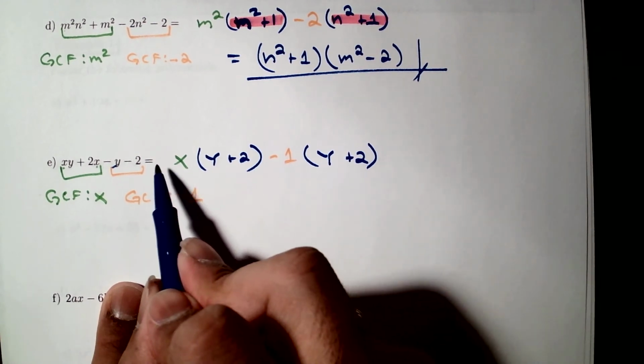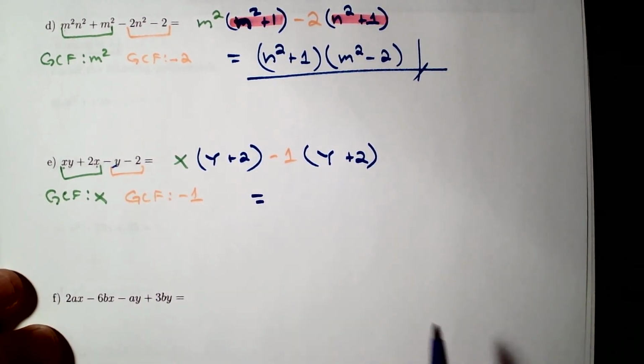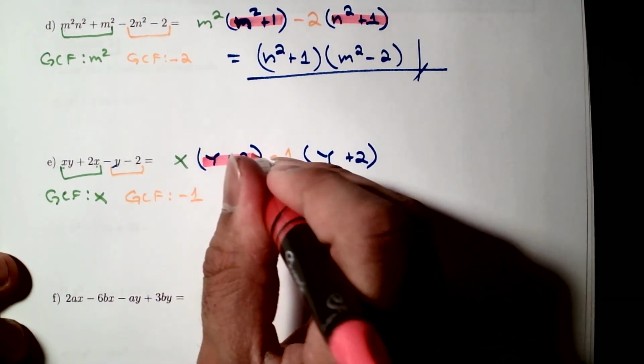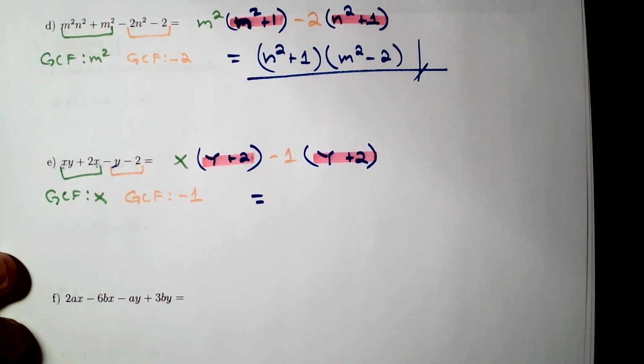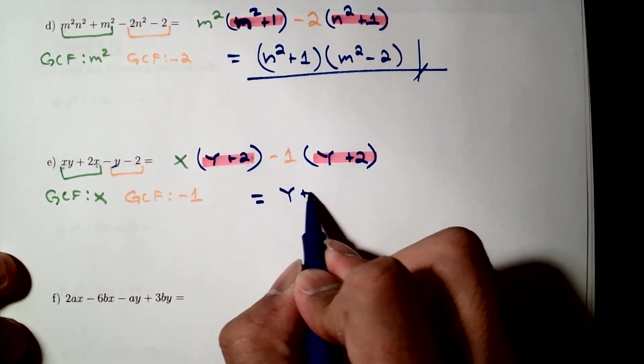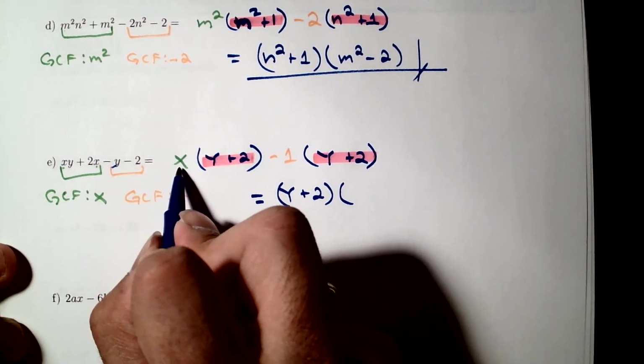And negative 1 times positive 2 equals negative 2, which equals, in this case, let's highlight y plus 2 and y plus 2. So y plus 2 is the GCF, and we're left with x minus 1.